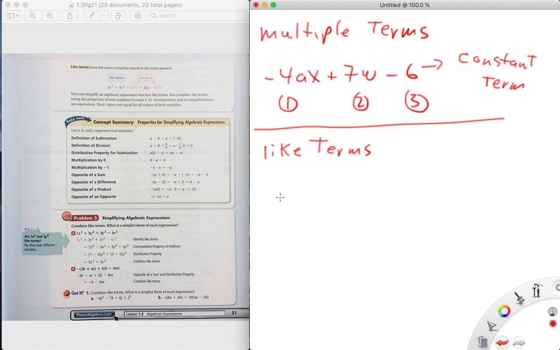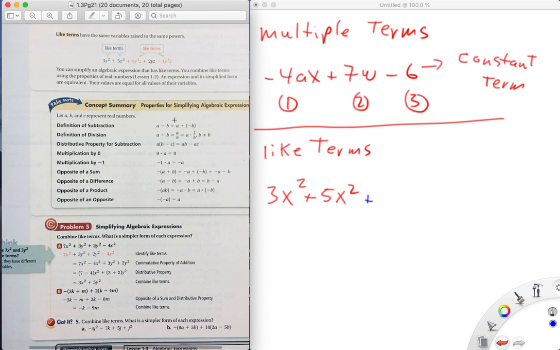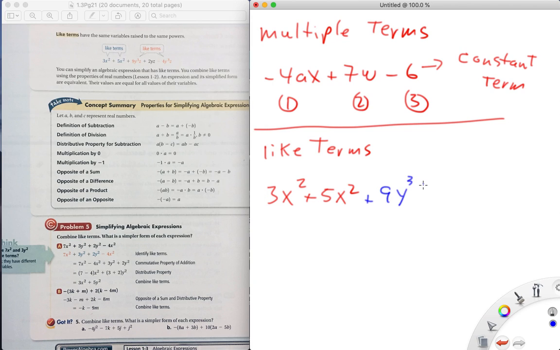So the book gives us 3x squared plus 5x squared plus 9y cubed z plus 2yz minus 4y cubed z.